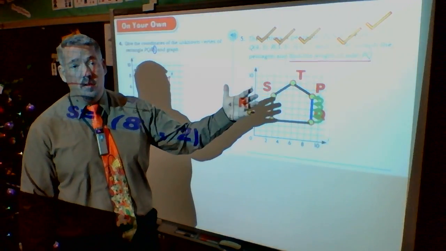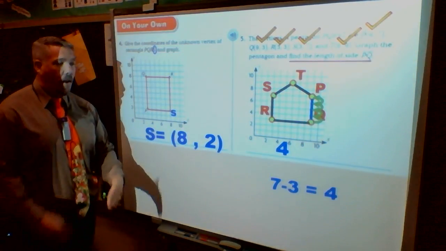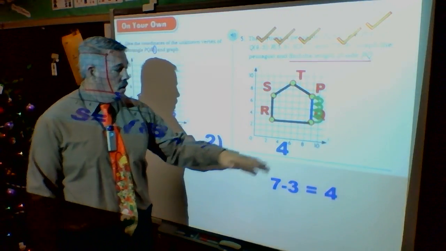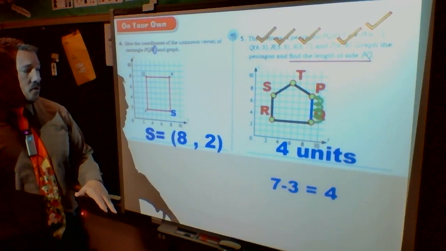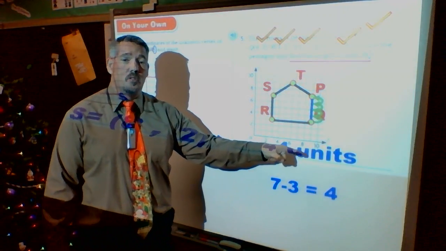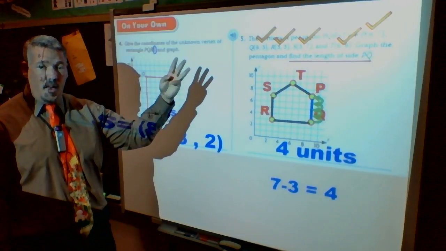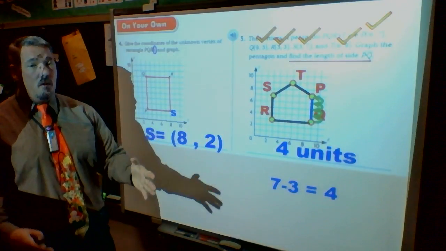I just count my units from one point to another. There are 4 there. Either way, I know that my answer is 4. It's a math problem though, so I have to have a label there. So I need to have units also. So I graphed it, I have my 4, and I have my label of units, so I would get all 3 points.